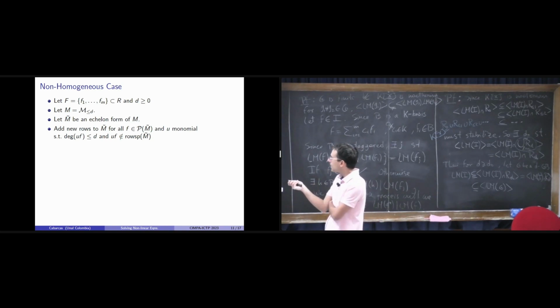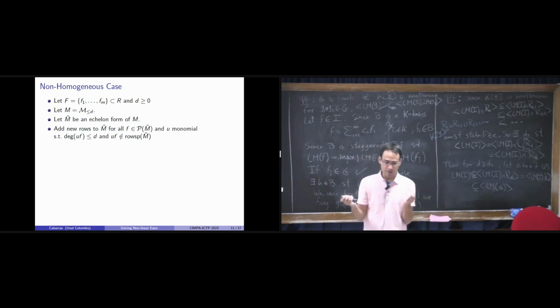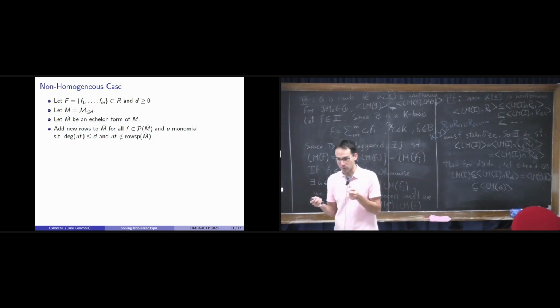So what I mean here is we're going to add elements to M tilde of the form UF, where U is a monomial and F is a polynomial that was already here, but that when we multiply it by a monomial, is not in the span of the rows of the matrix already.